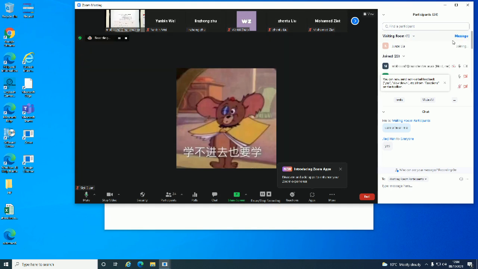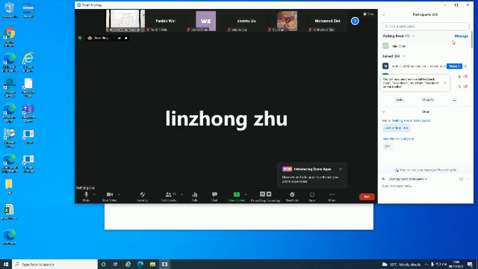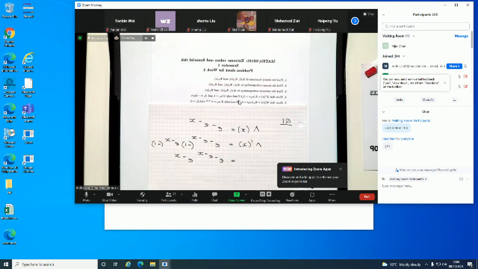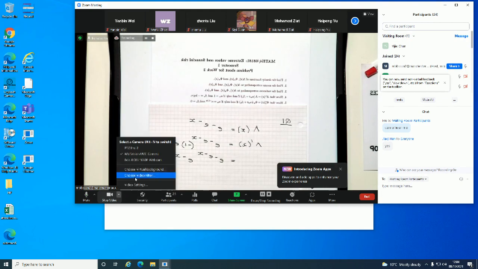Question 2 is to find the mean. Yes. We cannot see your screen. Can you see it now? Oh, it's upside down. Come on. Go into filter video settings.